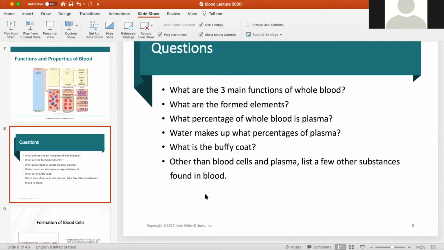Water makes up what percentage of plasma?